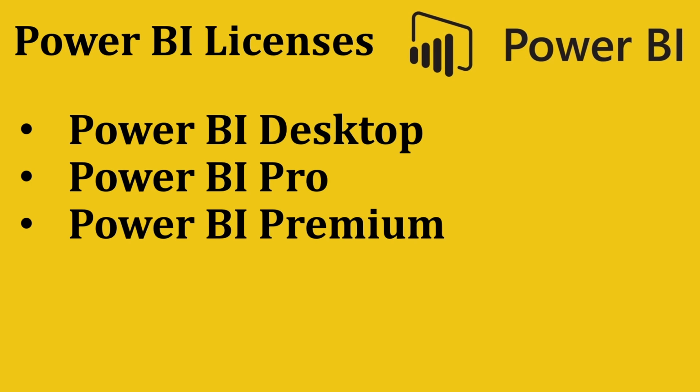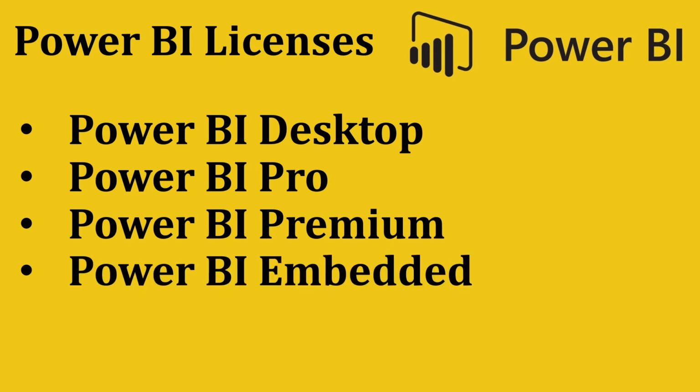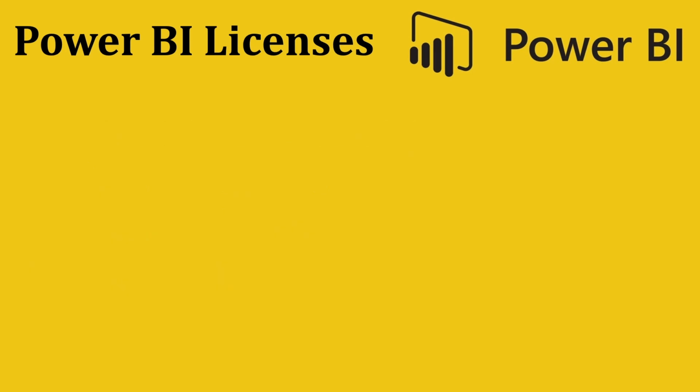Then we have the Power BI Premium license, and we have the Power BI Embedded. I wouldn't call this an embedded license, but I'll explain what this actually means. So you'll probably have the main three, which are Desktop, Pro, and Premium. So let's go in depth into these types of licenses that are available.